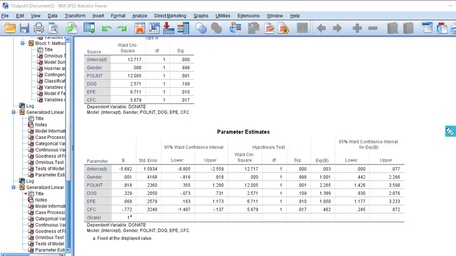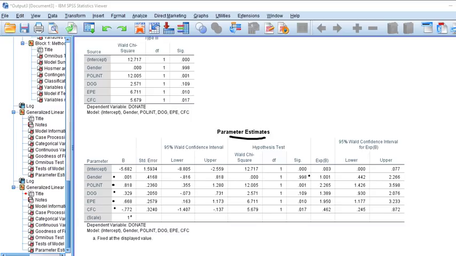So if we look under parameter estimates, you can see gender, political interest, dogmatism, external efficacy, CFC. You can see right here that for gender, the relationship actually becomes positive. In this case, females were a little bit more likely to indicate intention to donate than males while controlling for the other predictors, but that was still not significant.